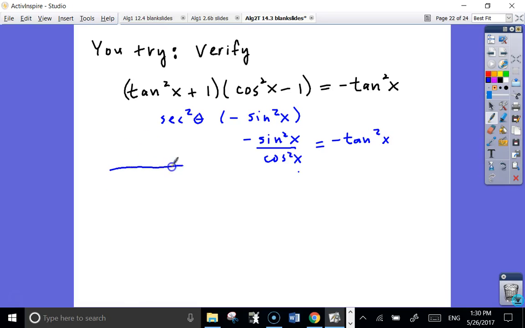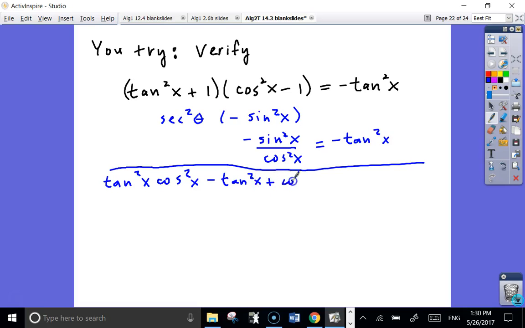This is how that would have looked. If I just FOILed that, I would have got tan squared cosine squared, minus tan squared, plus cosine squared, minus 1. I don't have to do the equals. I'm just trying to make it look like that.